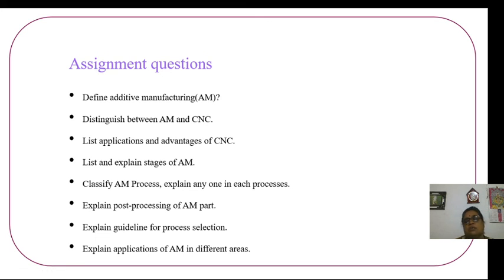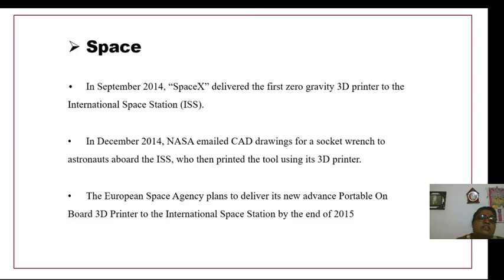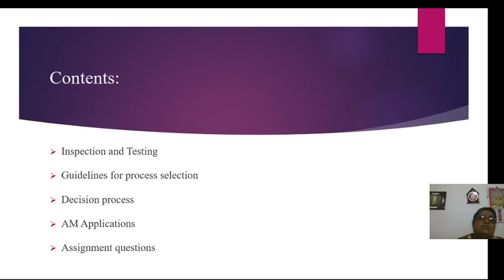In the post processing operations, it may be surface finish, it may be removal of unwanted material, removal of powder, etc. Okay, this is related to session 4. In this session, some of the things I have highlighted here are inspection and testing, guidelines for process selection, the decision process, AM applications, and some assignment questions.